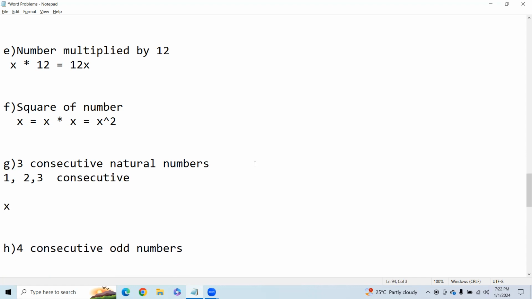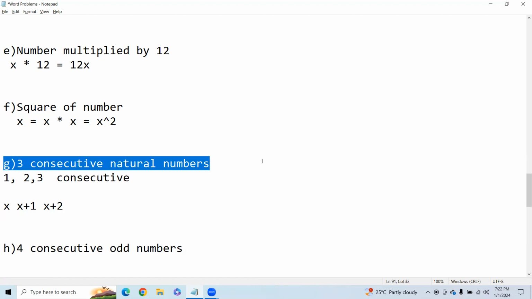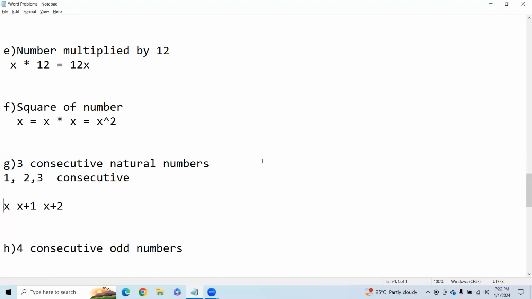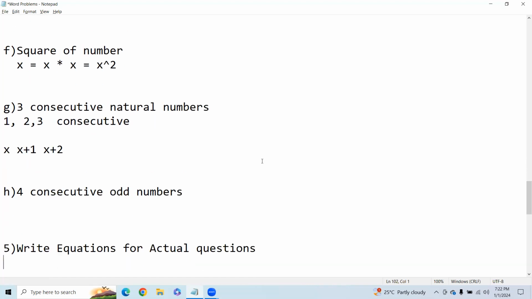How much you add in 1, you get 2. We add 1. So X plus 1, we get 2, the next natural number. And how will you get the next natural number after 2? That is 3. In 1, if you add 2, 1 plus 2 will become 3. So whenever someone asks you 3 consecutive natural numbers, you have to consider X as the first natural number, X plus 1 as the second, and X plus 2 as the third.